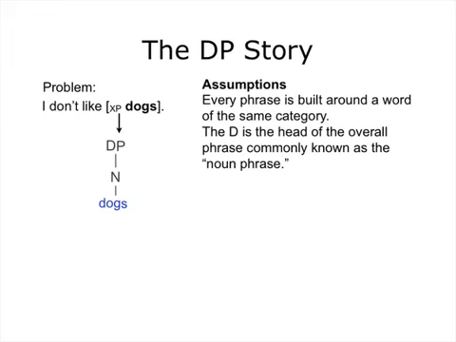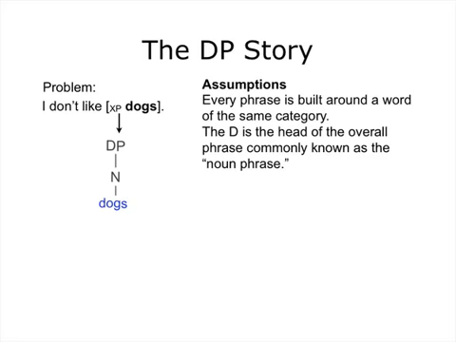How do you account for I don't like dogs? How do you account for I? I is a noun phrase of some kind, right? What kind of a category does I belong to? Is it a noun?